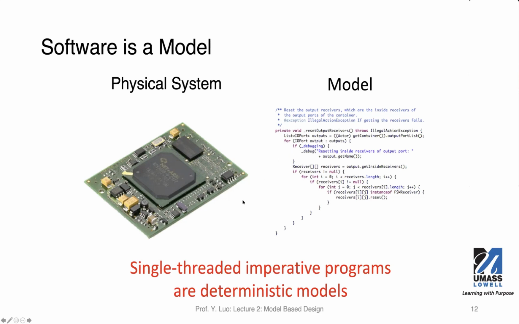The reason we emphasize single-threaded is because when you have a single-threaded program, you don't have any variables that will be affected by other running instances, like another thread or another process. When you have multi-threaded or parallel programs that share variables, that's a different story.